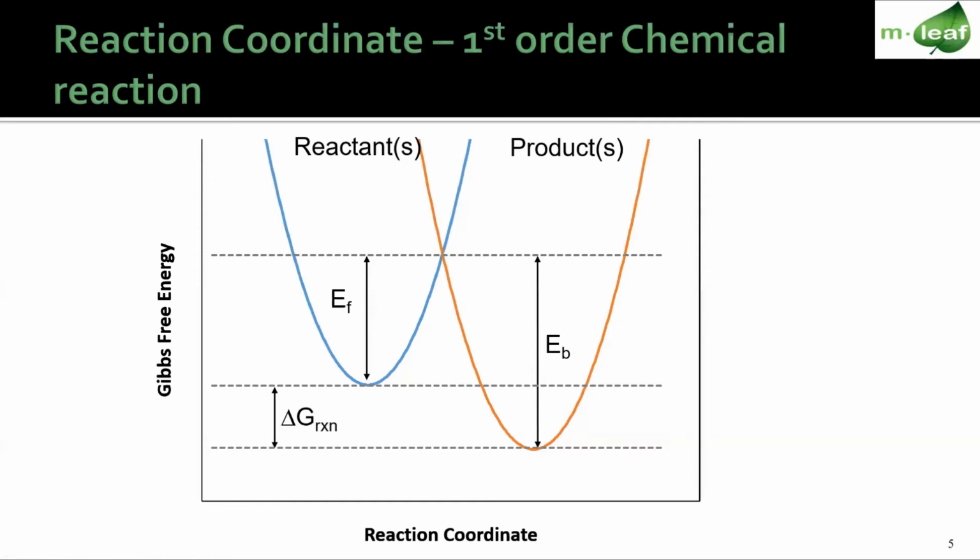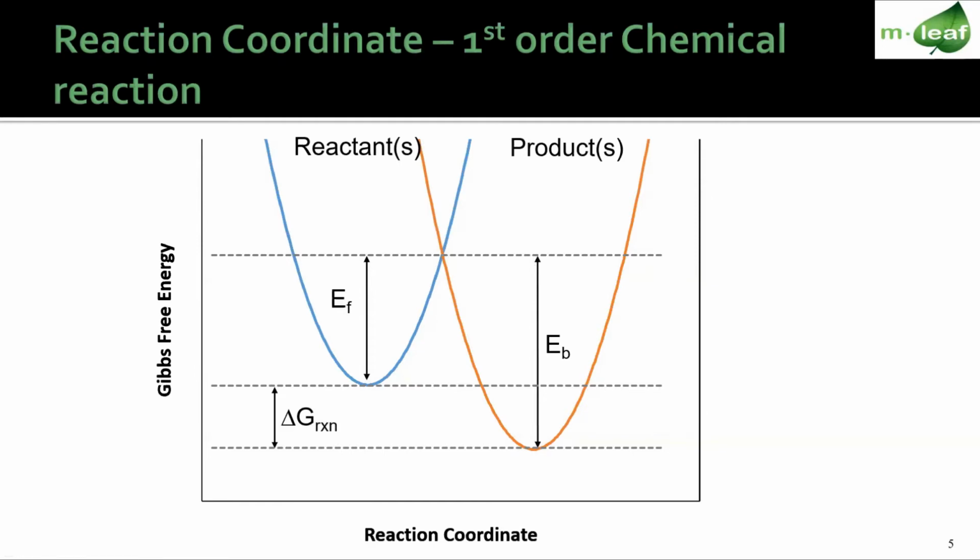And the reverse reaction, where B would go to A, also has an activation energy that's associated with it. And that is the difference in its energy of the electron that's here all the way up to the transition state as well.